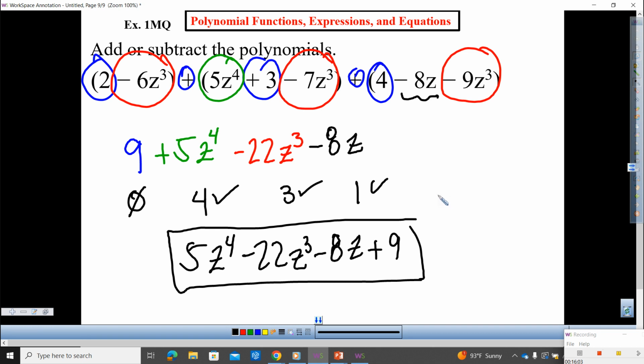Jaden, name. It's a polynomial. That is correct. However, quadratic is only 2 degrees, right? Quartic. Yes, quartic polynomial. Hands, have you got that?